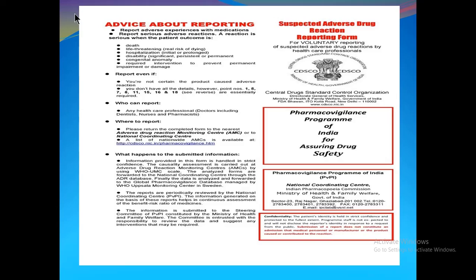Finally, the data is analyzed and forwarded to the Global Pharmacovigilance database managed by the World Health Organization Uppsala Monitoring Center in Sweden. The reports are periodically reviewed by the National Coordinating Center. The information generated on the basis of these reports helps in continuous assessment of the benefit-risk ratio of medicines.